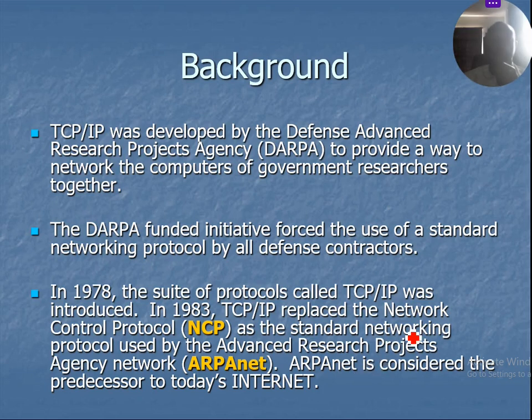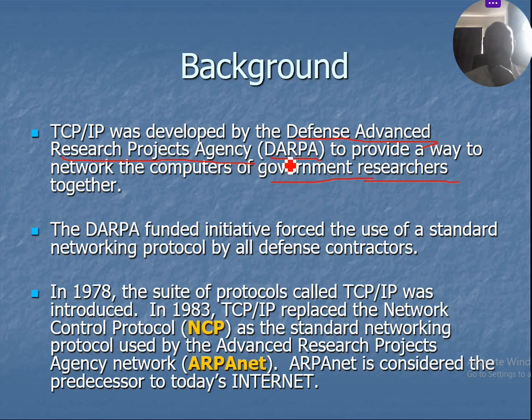First of all, TCP/IP was developed in 1978. It was developed by the Defense Advanced Research Projects Agency in the United States, called DARPA, to provide a way to network the computers of government researchers together, because we have government researchers in different fields: engineering, science, management, sociology, military, defense.